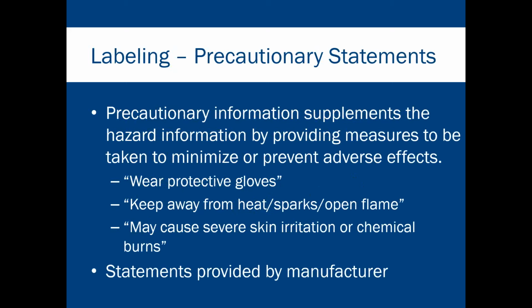While the hazard statements provide the most important hazards of a chemical, the precautionary statements provide some more supplemental information to help protect your safety or minimize some of the effects. This includes items like PPE, so wear protective gloves, or may cause severe irritation or chemical burns. Both the precautionary and hazard statements are provided by the manufacturer.